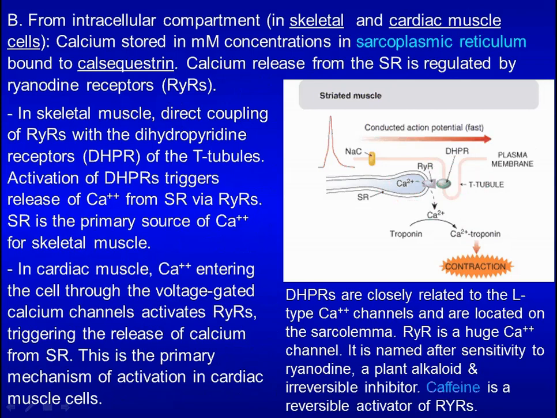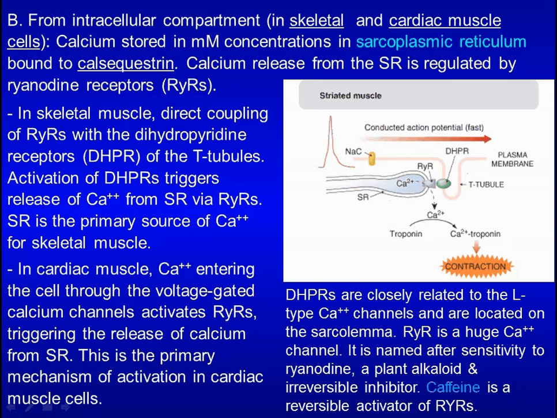Ryanodine receptors are calcium channels. Activation of dihydropyridine receptors triggers release of calcium from the SR through the ryanodine receptors. The SR provides virtually all the calcium ions for skeletal muscle contraction.